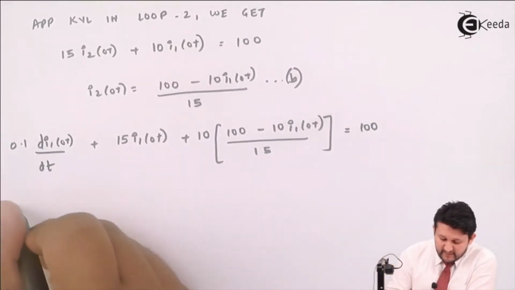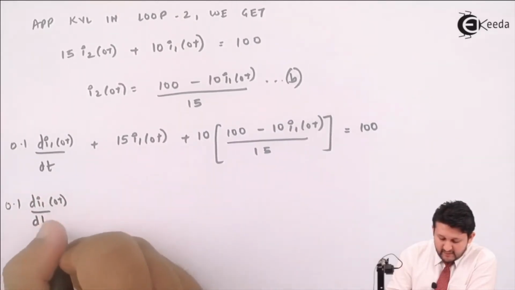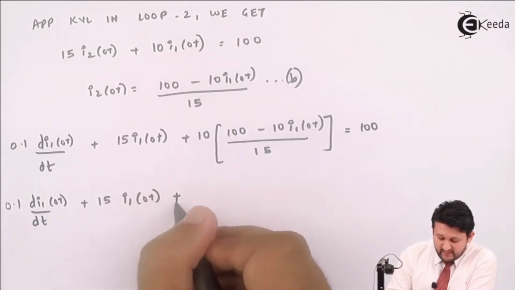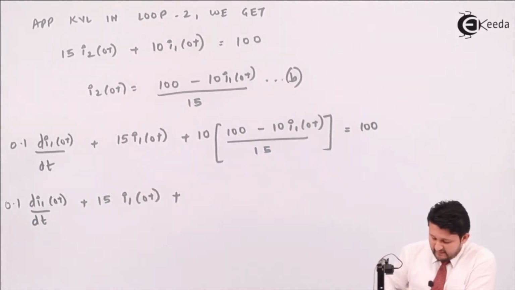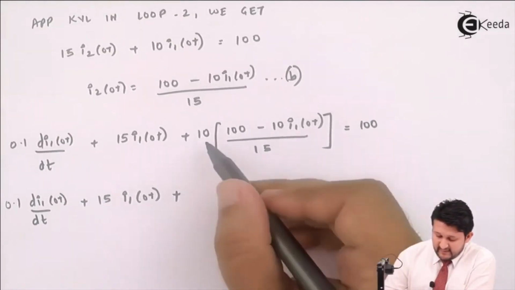Simplify it, so it will be 0.1 di1 by dt plus 15 I1 plus 10 divided by 15, the value of which is nothing but 0.66.